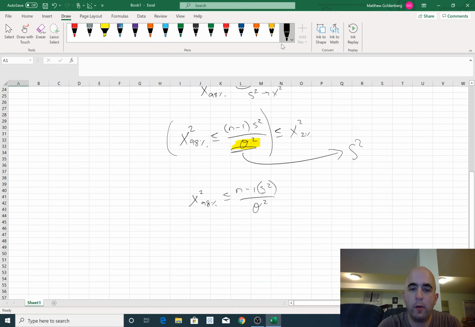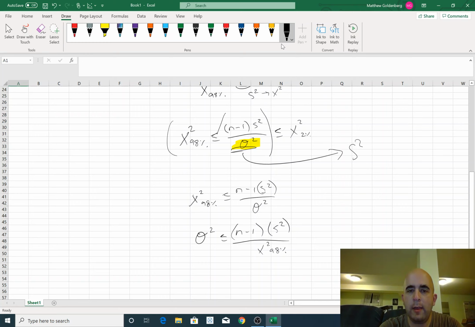Then solving it, you get theta, or your population variance that you're predicting, is n minus 1 times the sample variance over the chi-squared with 98% to the right. Let's do the same thing on this side.